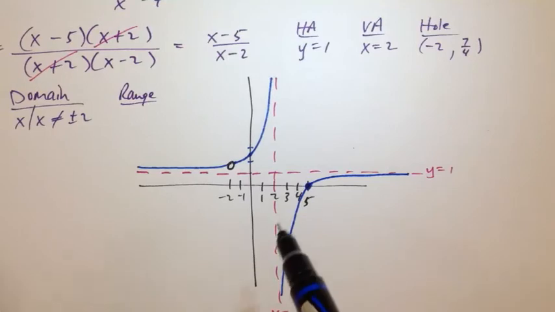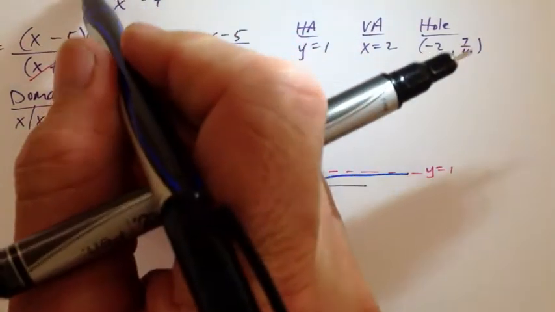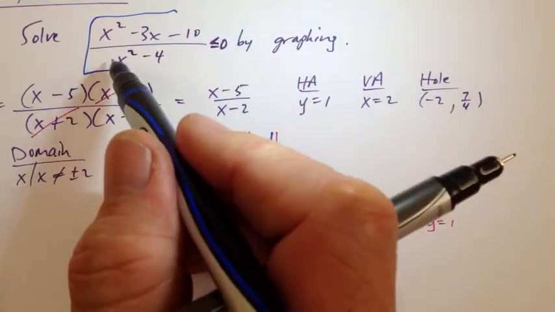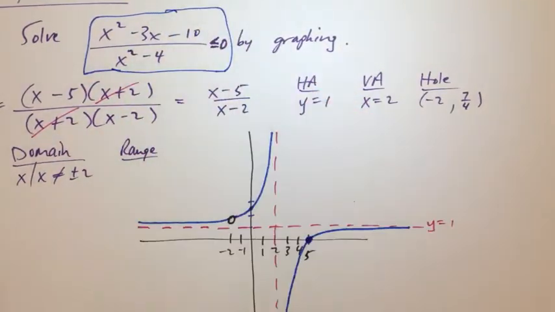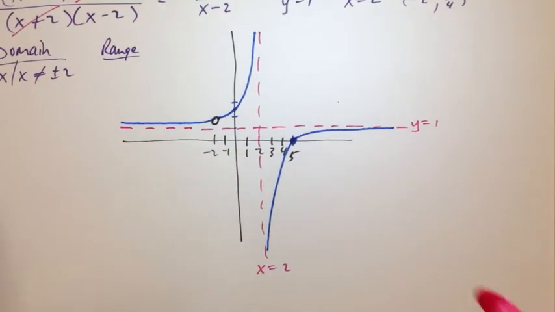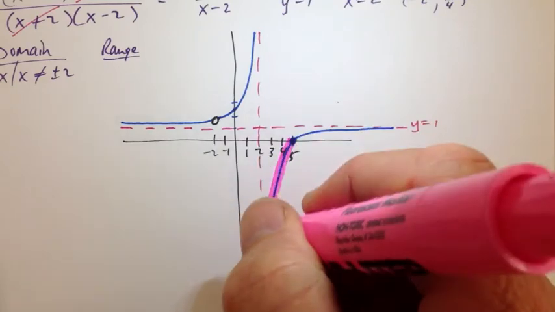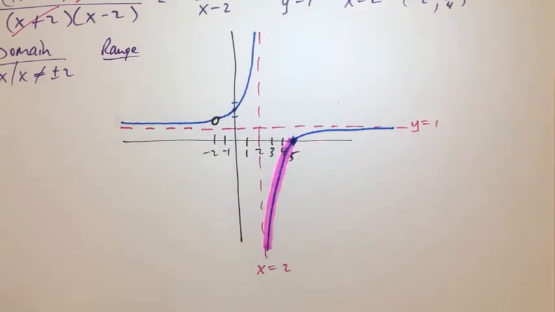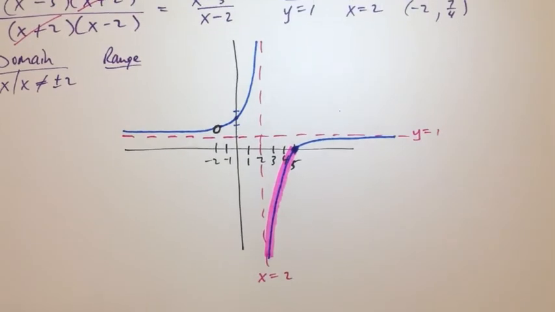Our initial inequality was this one right here, and we can see that this function's values are less than or equal to 0 only right here. That's the only spot on the graph where the function's values are less than or equal to 0.